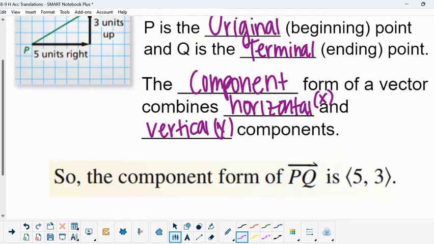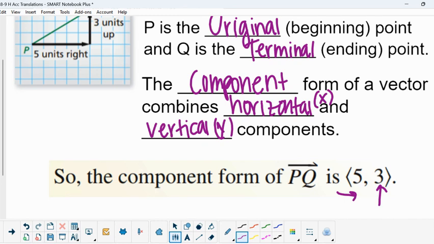So the component form of vector PQ, this is how we note it with these pointy brackets. It's saying x is 5 and y is 3. x is 5, is it going right or left? To the right. If y is 3, is it going up or down? Up. So we can see both forms. We're going to see the coordinate notation like we saw very first, or the vector notation telling us to go right 5, up 3 on this one.